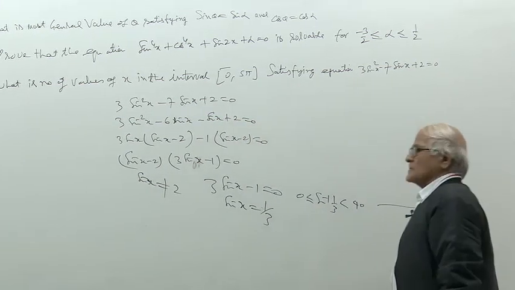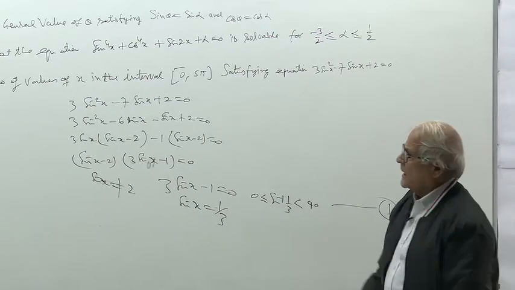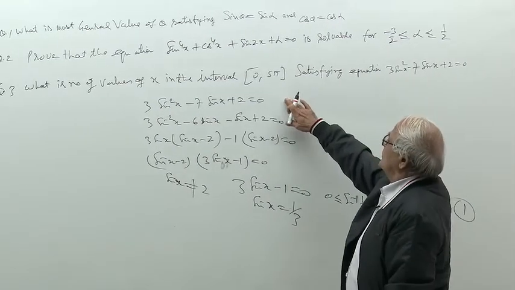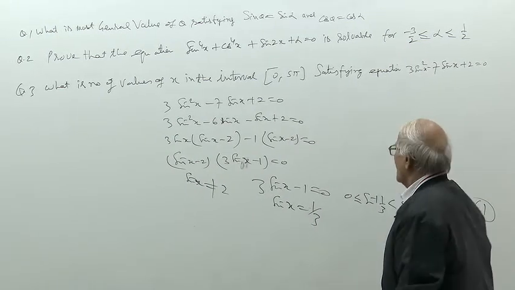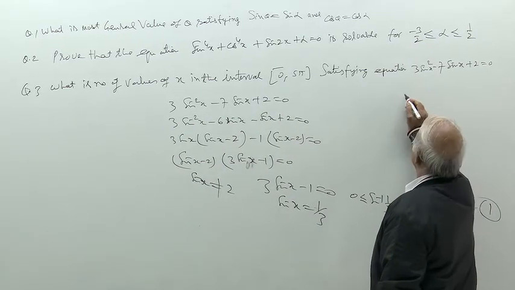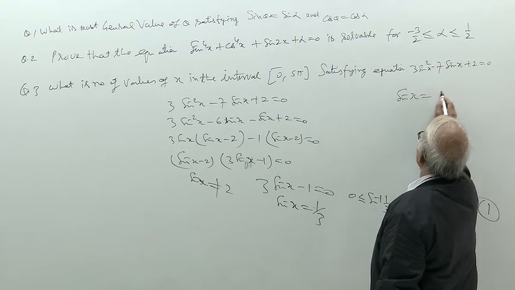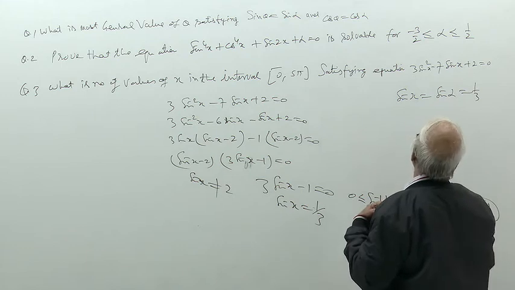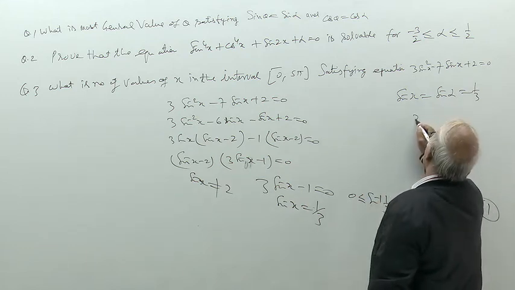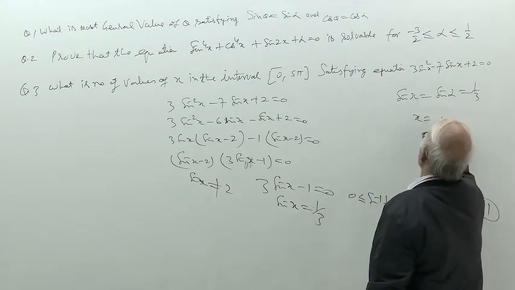Now what is the second solution? We are given the interval 0 to 5 pi. Now you know that if sin alpha is 1 by 3, we give the value of a general equation like this.